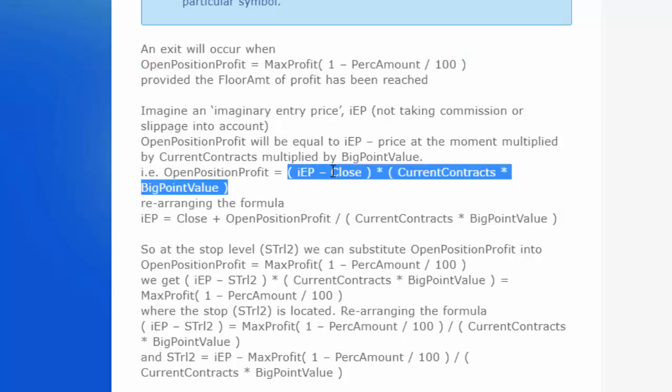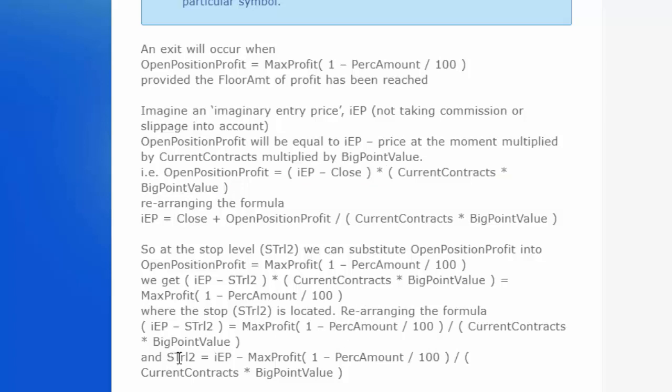IEP, I'm changing close to the stop amount, because this is when we actually stop, or what the stop level is. So IEP minus S trail 2, which is equivalent to minus close here, times current contracts times big point value equals max profit times 1 minus percent amount divided by 100. So we can rearrange that yet again, and finally we get the trail to be equal to IEP minus etc.